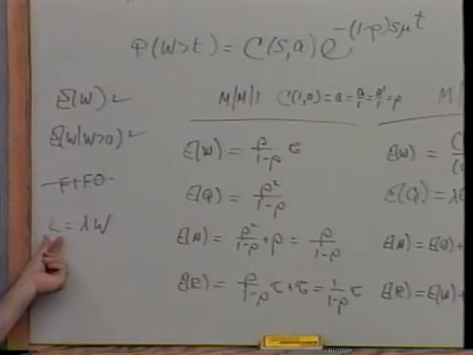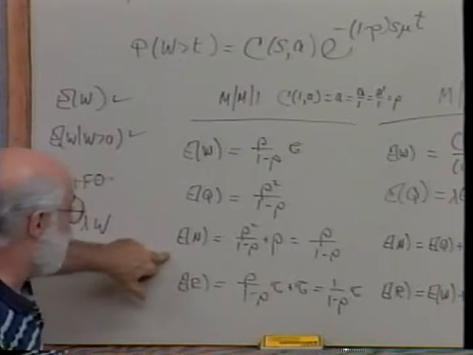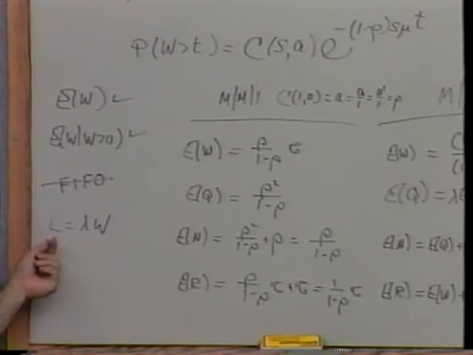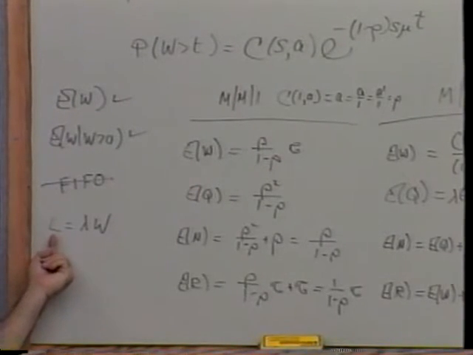But now I'm going to argue that the L that I got does not depend on the order of service. Because if I were to directly calculate the average number present, I would calculate that only from the probabilities that relate to rate up equals rate down.